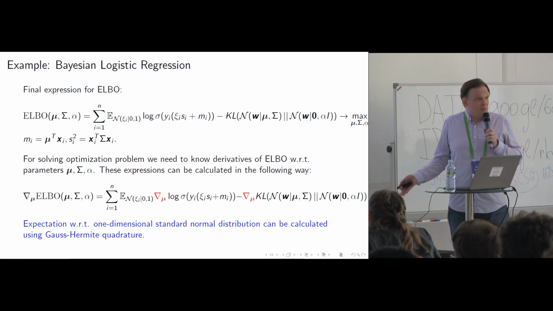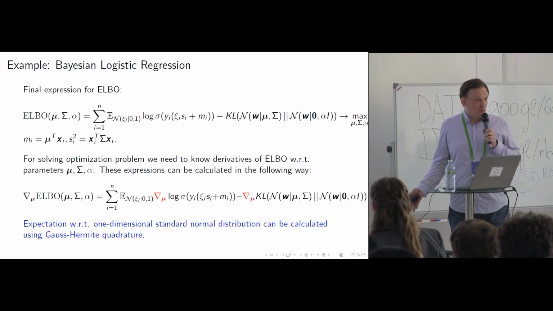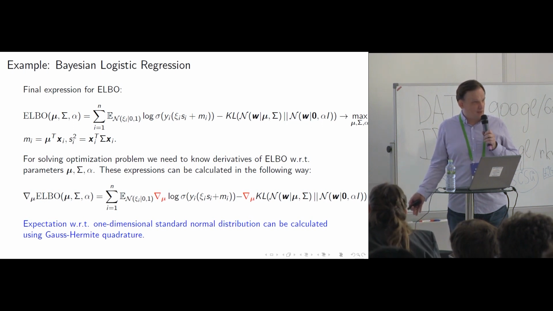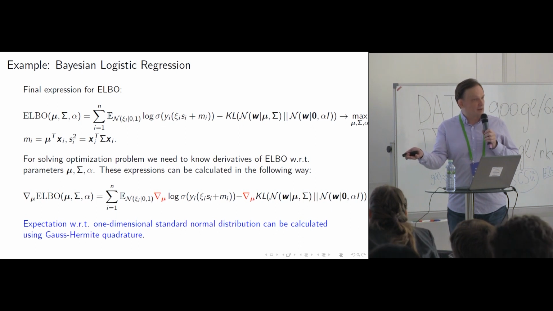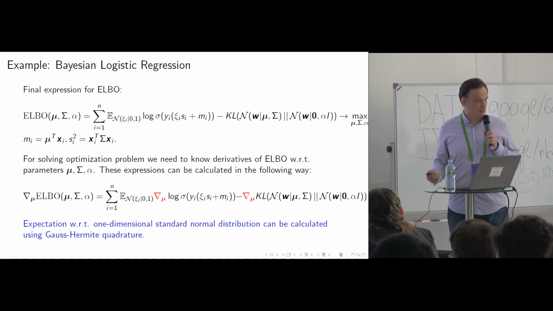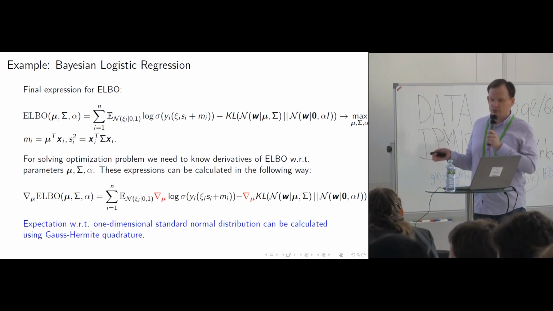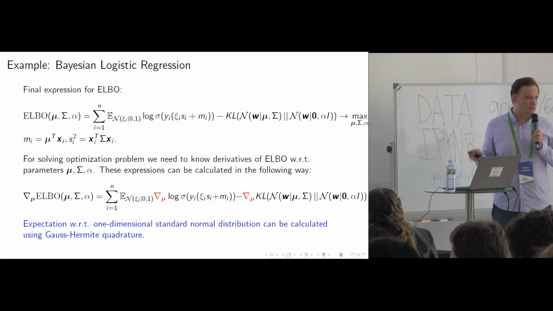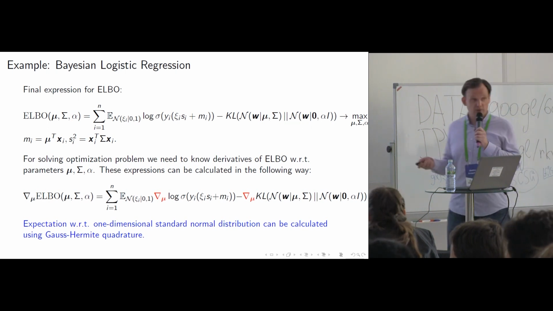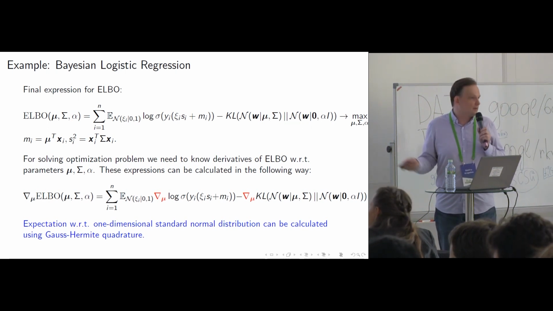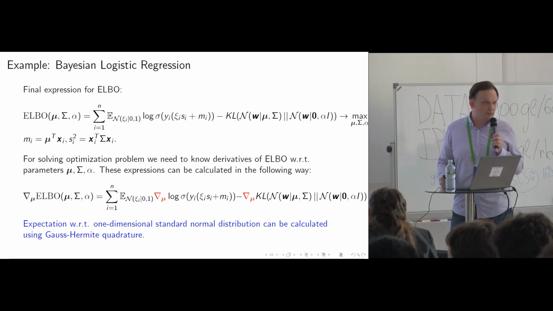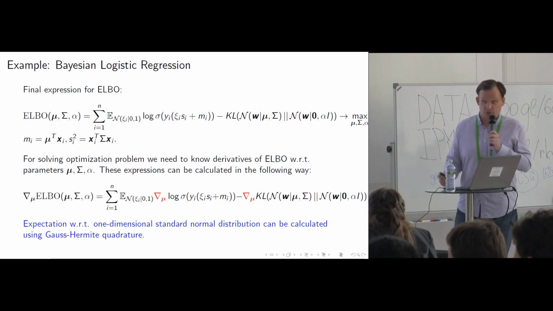And since this is a one-dimensional integral over some standard probability distribution, we can use any numerical integration solver you want. Since we here take an expectation with respect to normal distribution, a good way is just to take a Gauss-Hermite quadrature, but other numerical integration schemes are also possible here.